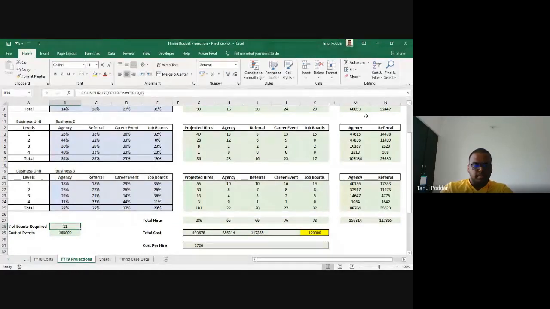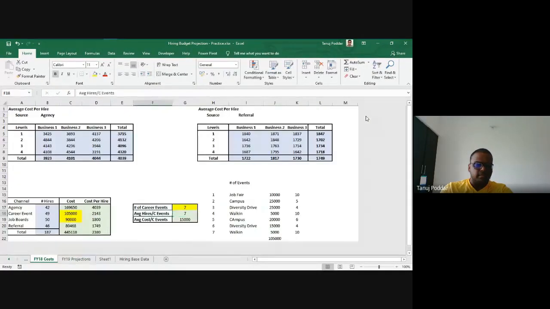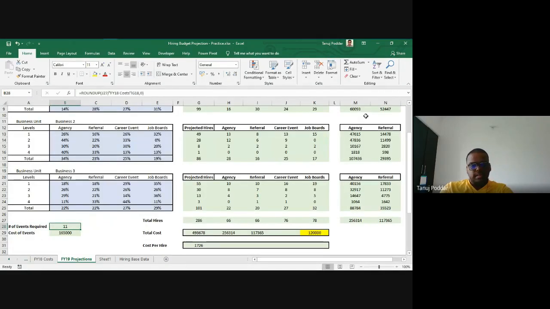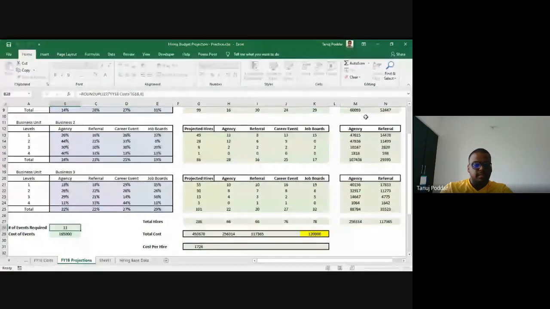A very simple roundup of that would be dividing 76 by the number of hires that I generally have from one event. So for 49 hires, if I had 7 events, then for 76 hires, how many events will I go to? That will be 11. It is simply 76 divided by 7, which we got in the previous sheet. Not the number of events, but the number of hires per event. And that is basically rounded off to 11.